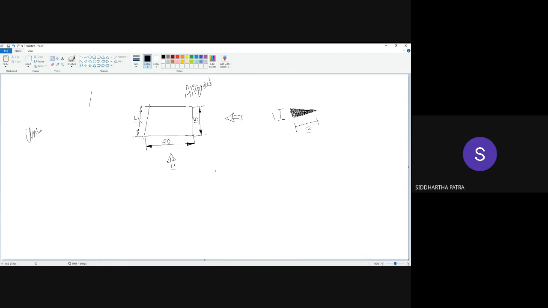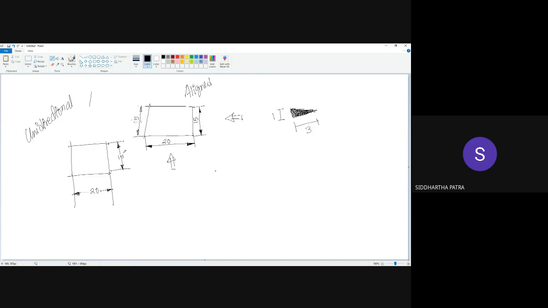And in unidirectional, let's say for this box, this is how we would write it. Okay.